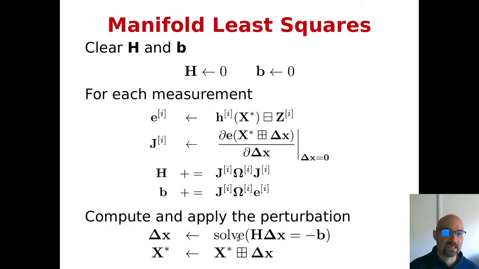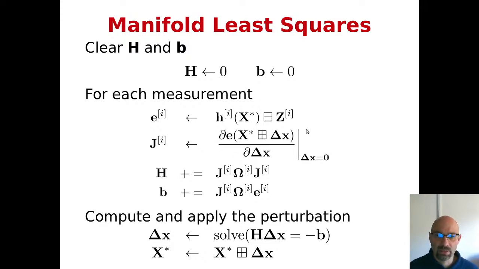Having done that, we end up, let's say this way, with the first implementation of least squares on the manifold, which is exactly the same as before, with two differences.